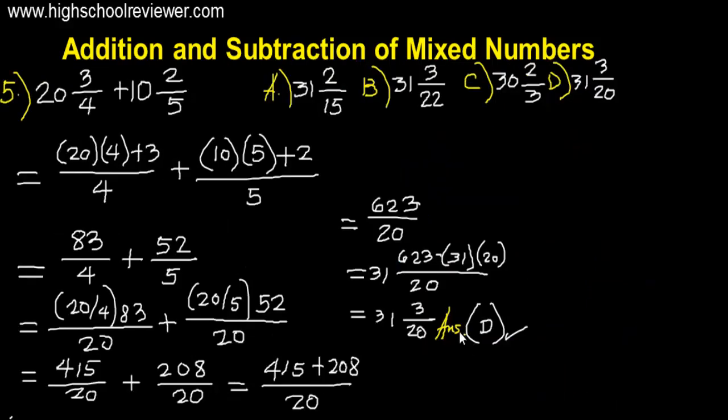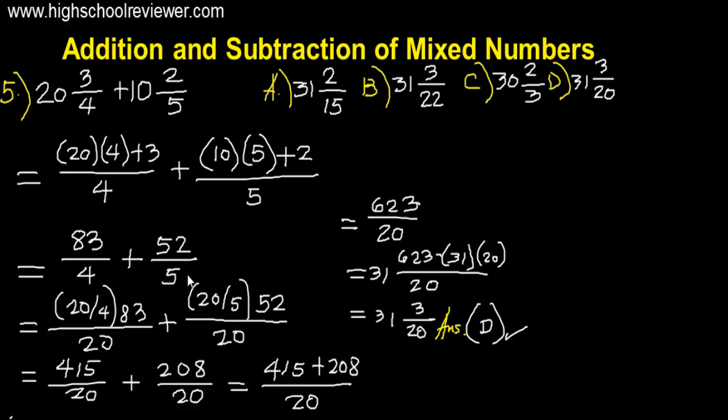And then the last number, we have 20 and 3/4 plus 10 and 2/5 with the given choices. Again, the same step. Convert the mixed numbers to improper fractions. Once you have improper fractions, add these improper fractions. They are dissimilar fractions because they have different denominators. So find the LCD.